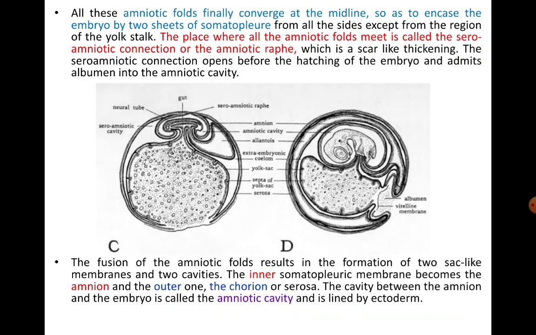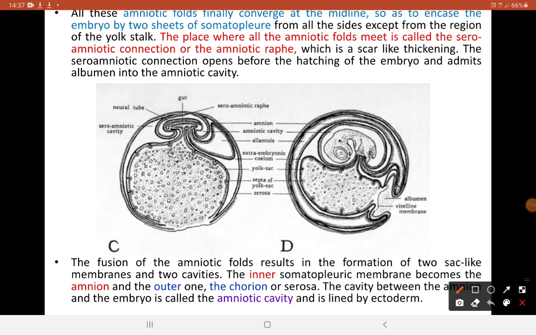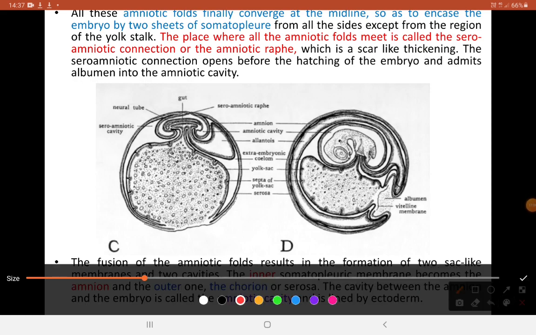Next, when all these amniotic folds, which are those? The head fold, the lateral folds and the tail fold or the caudal fold of the amnion, when they all finally converge at the midline, they form a slightly thick fold of these layers, because all layers are meeting at one point, and this point is called the seroamniotic connection or the amniotic raphe.